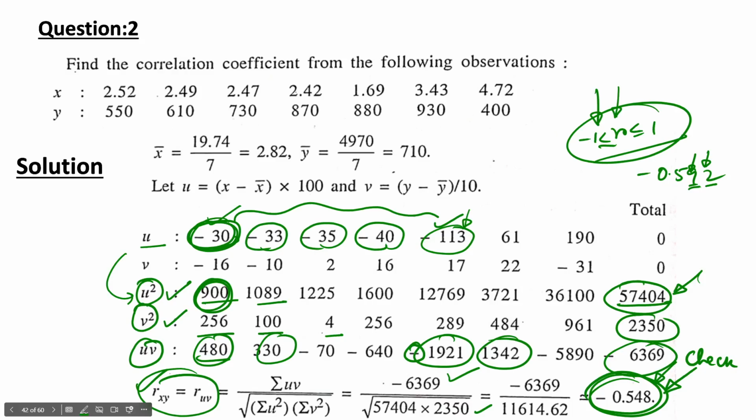Sometimes what happens, in the calculation you get, say here -33, maybe you have rounded off this -33 as -34. The small deviation between these two values can ultimately deviate the actual value in the third and fourth decimal. So that is not a matter of panic, but definitely you should at least maintain this -0.5. If you have -0.5 something, then definitely that is correct. Okay, so that is the whole discussion of question 2.